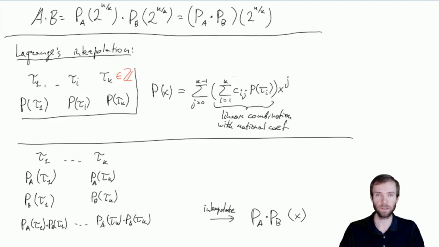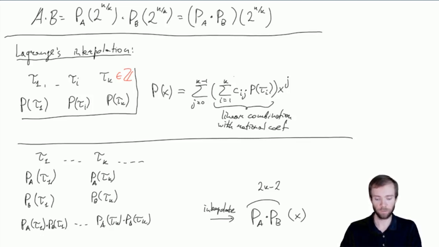But there is one detail here to note. When we take the product of two polynomials, each of them of degree k minus 1, the product itself has degree which is the sum of the degrees of the polynomials. So the degree of this polynomial is 2k minus 2. And to be able to uniquely reconstruct this polynomial, we need its values not in k points, but in 2k minus 1 points.